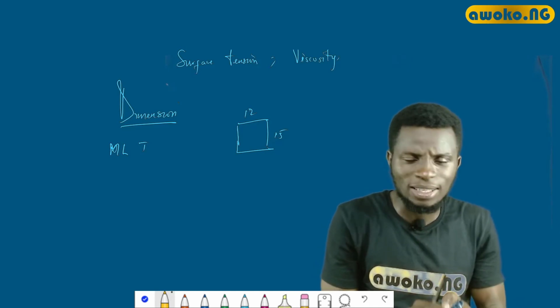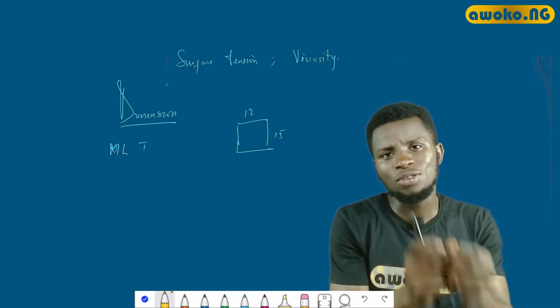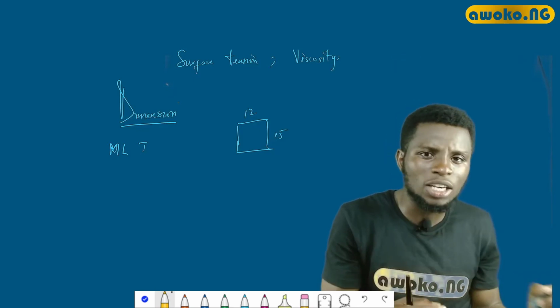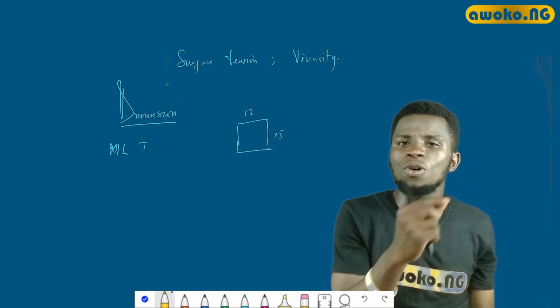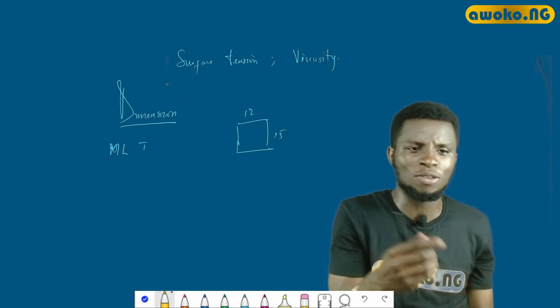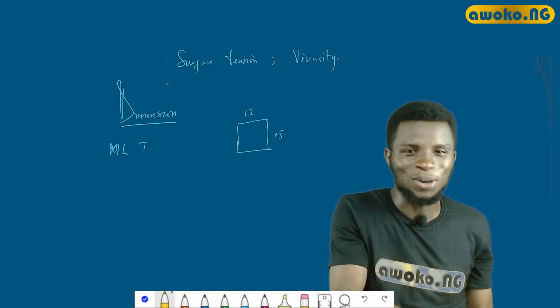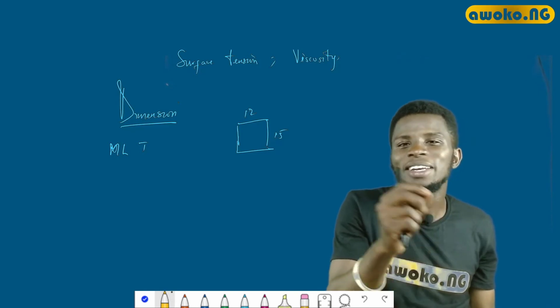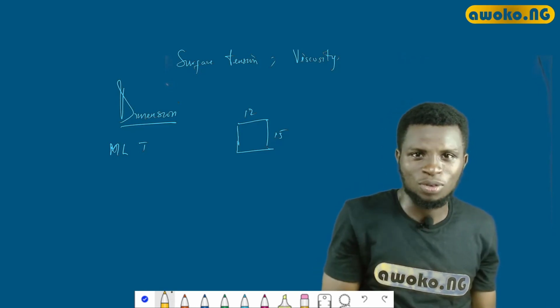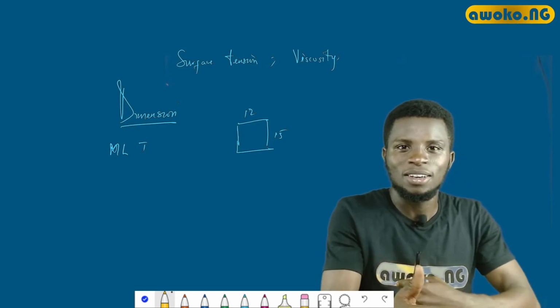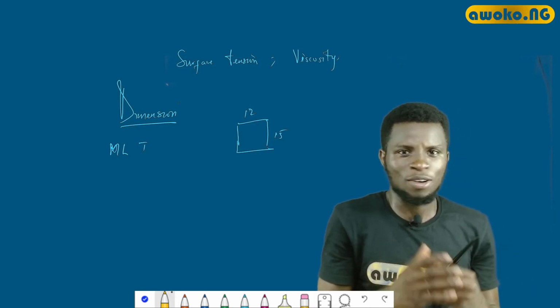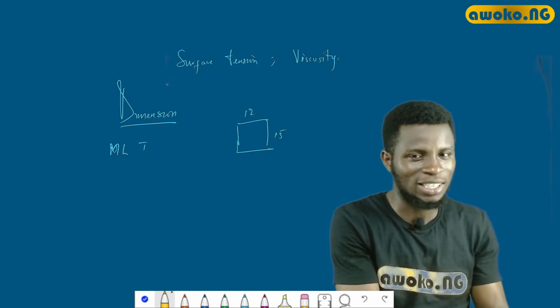So having said that, we are going to take a look at the applications of dimensional analysis. But before we talk about the applications, of course, you can't apply what you don't know. So dimensional analysis is what helps us to adequately relate physical quantities together. From the word, we know what dimension is.